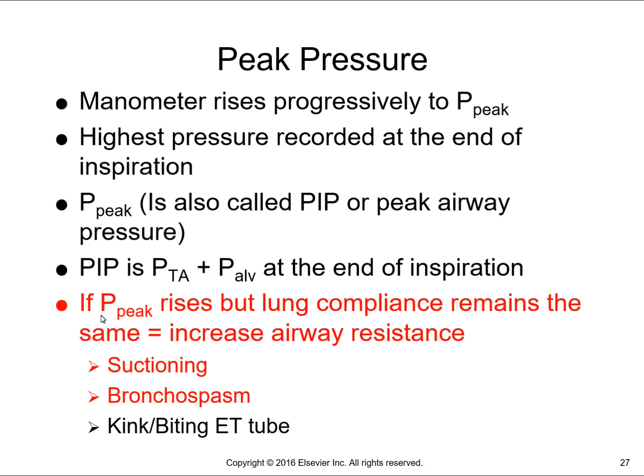What causes that? It could be someone biting on the ET tube. You're going to have a lot of mucus in the upper airways, or you might have some bronchospasms. So the way we fix airway resistance is we suction, we give a treatment, or we tell the patient, stop biting on the tube.